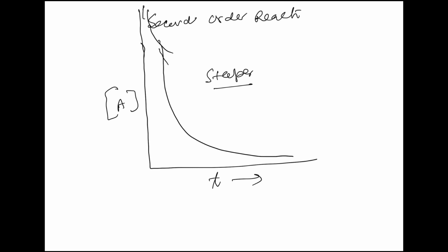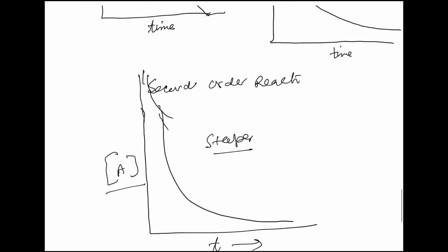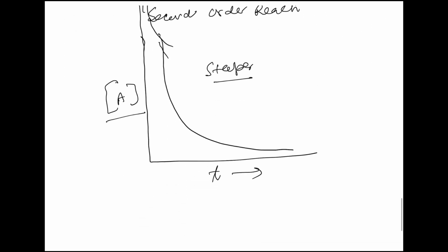This will be more steep than the first order reaction. So by determining these structures of graphs, we can determine what order of reaction the chemical reaction is.